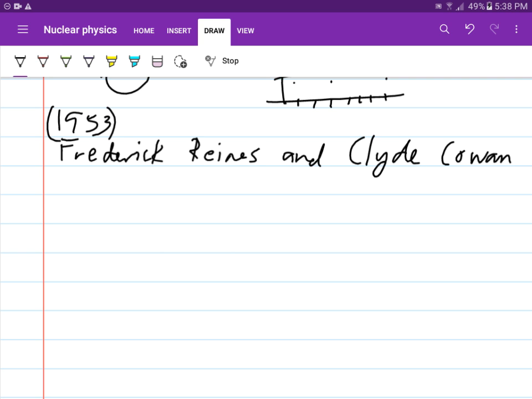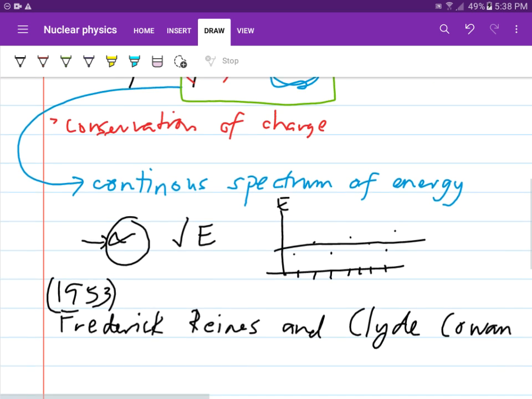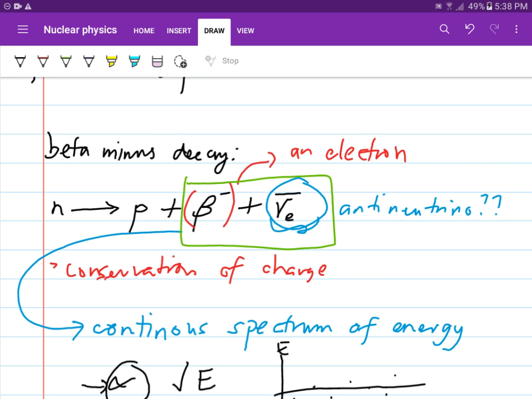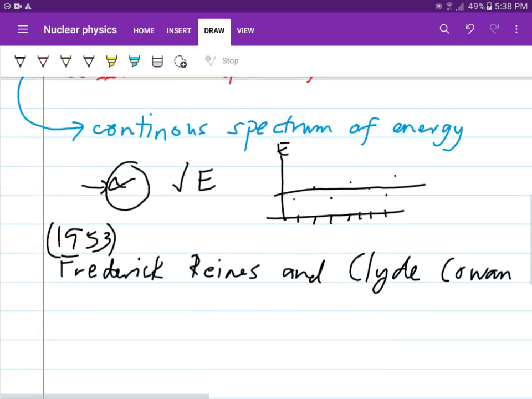So the antineutrino must be included, is actually included, in the beta minus decay.